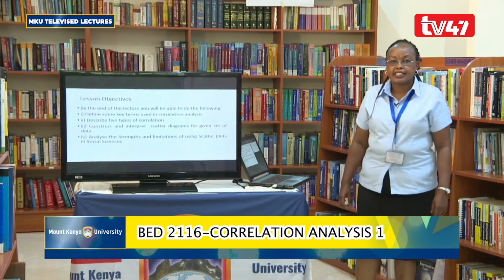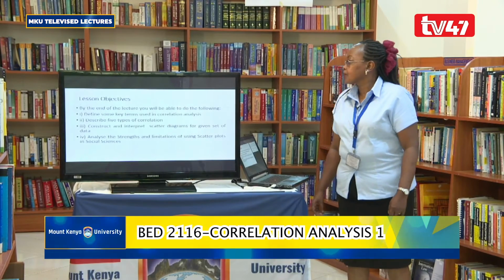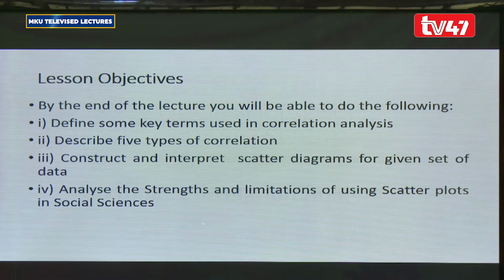By the end of this lecture, ladies and gentlemen, we are going to have achieved 4 objectives. First, we are going to be able to define some of the key terms we use in correlational analysis. We are going also to be able to describe some of the 5 types of correlation.